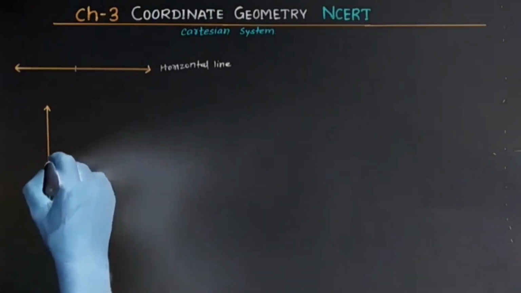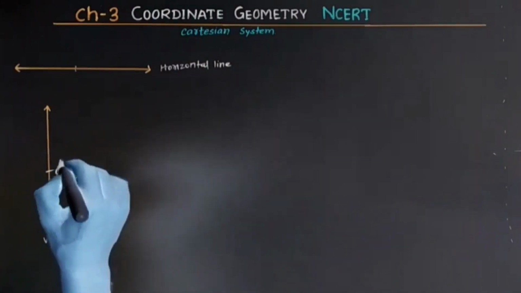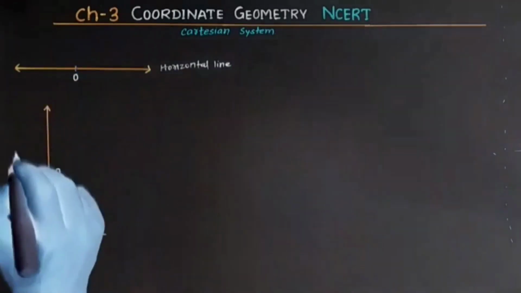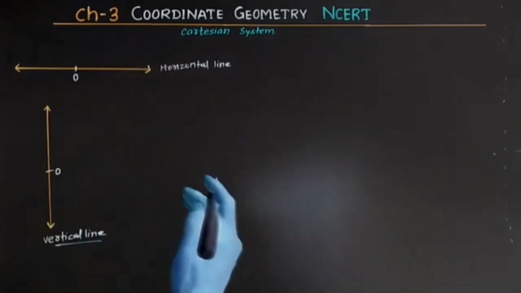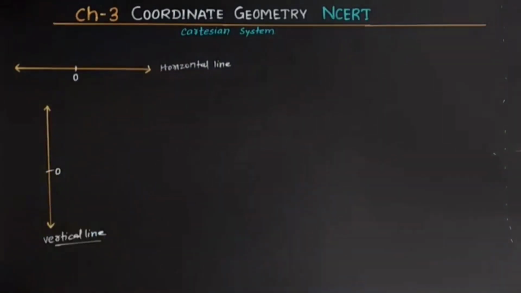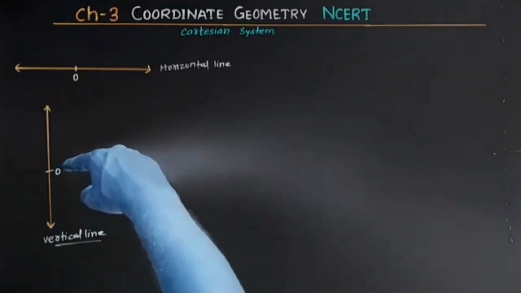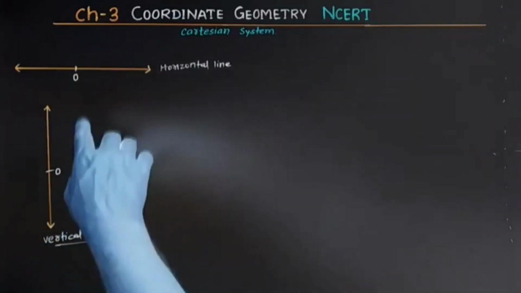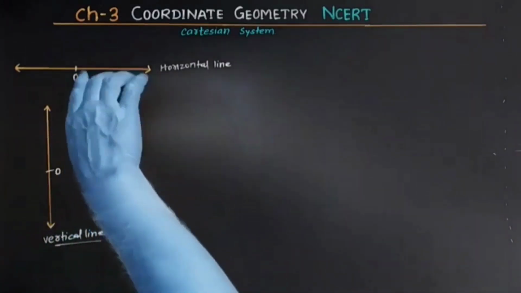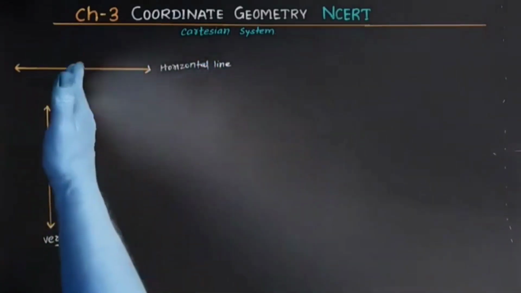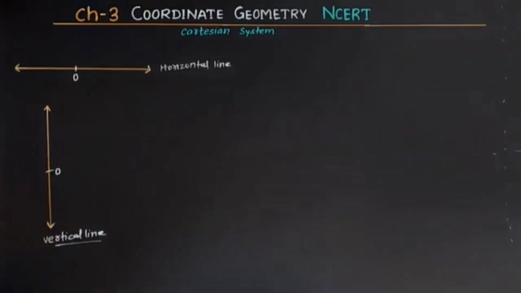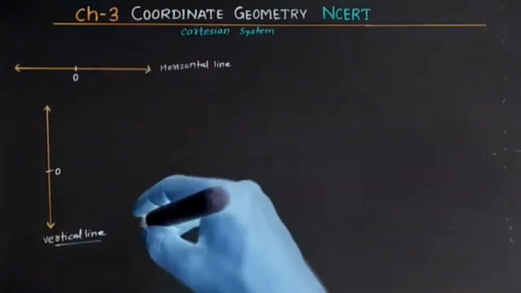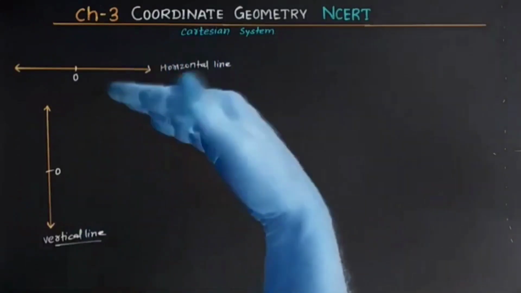When these two lines intersect each other, it divides the plane into four parts. Let us plot different points on the horizontal line and the vertical line. You know, the middle point is known as the origin of the horizontal line. Similarly, the middle point is also the origin of the vertical line. It is denoted by O.